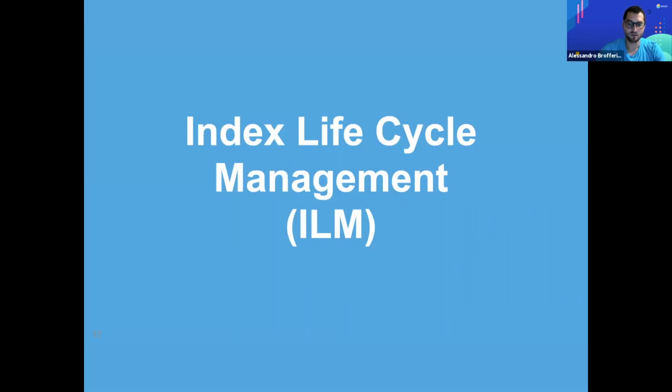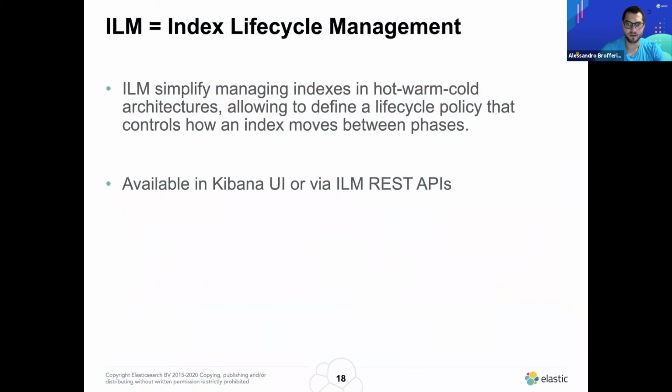This feature simplifies the management of time-based data by managing the life cycle of these indexes from the moment of creation till the moment of deletion, moving from hot to warm and eventually to cold phases.